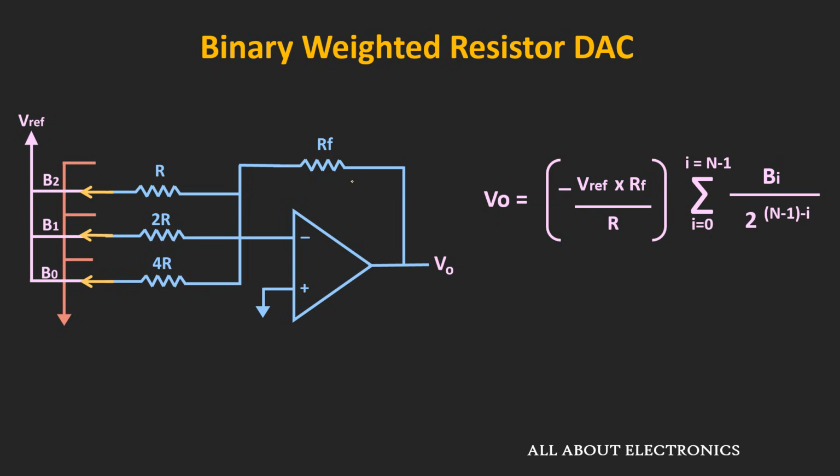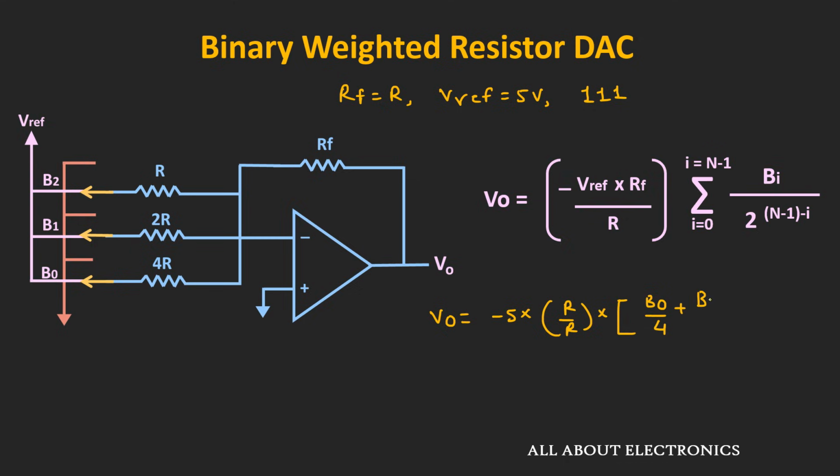So for the given circuit, let's say if RF is equal to R and V reference is equal to 5 volt, then for the code of 111, the output voltage Vout can be given as minus 5 times R divided by R times B0 divided by 4 plus B1 divided by 2 to the power 1 plus B2 divided by 2 to the power 0.